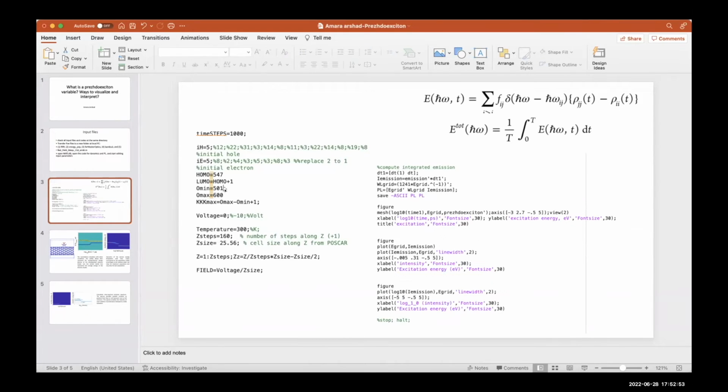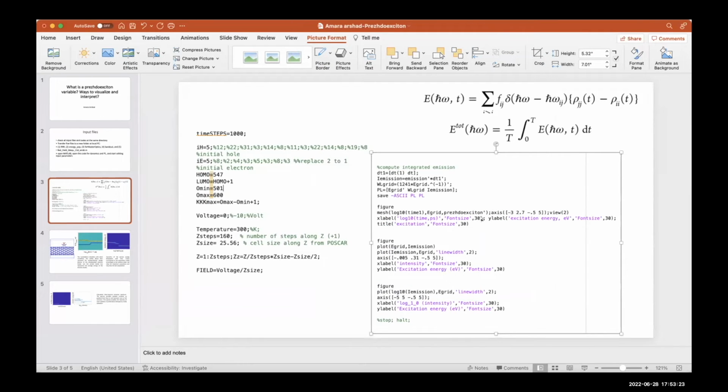These are the parameters that we need to change: time step, omin, and omax, and the homo, and then the z step, which we can see from the band out file, and the z size from the postcard file.